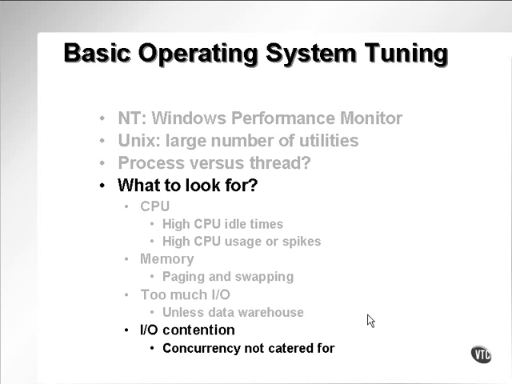And also you can have contention for I/O, competition for I/O. Too many things trying to access the same chunk of disk at the same time, such as hot blocks. What it means is that you're not catering properly for concurrency. What can you do about all these various different operating system layer problems?